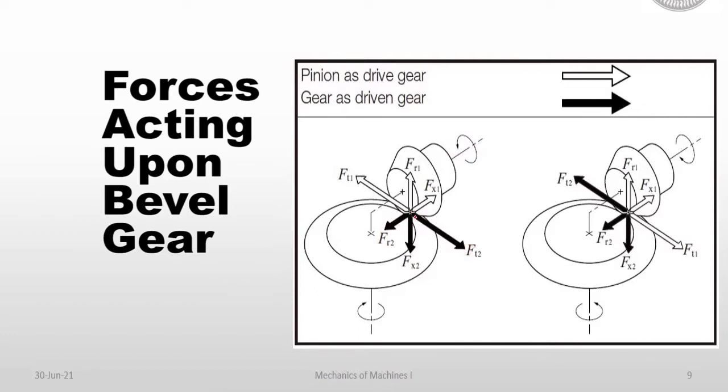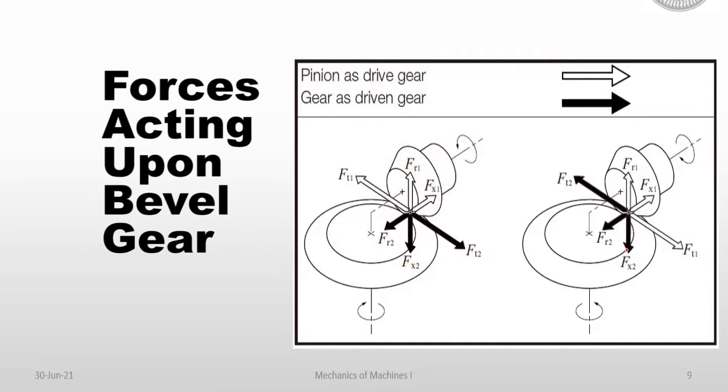FT means the tangent force on the gear bevel. Then these forces, radial force and axial force. On the pinion gear, this one is the radial force, axial force, and this one is the tangential force. So these are the forces acting upon the bevel gears.